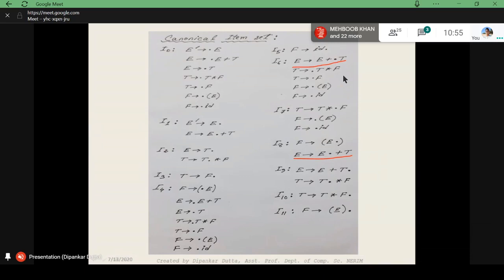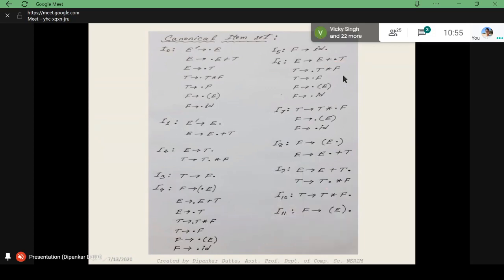So what to write there? Action 8, comma, plus is equal to S6. It will be known as shift. Clear?